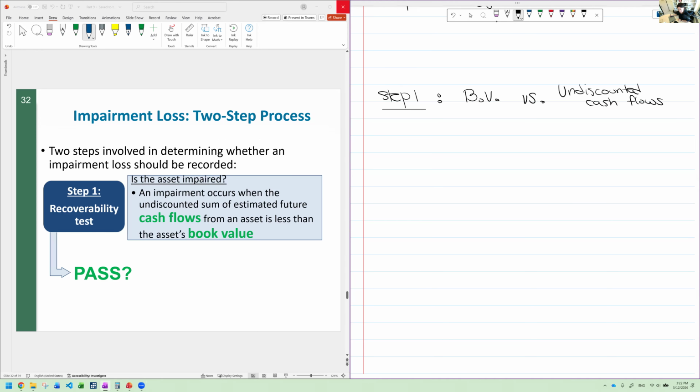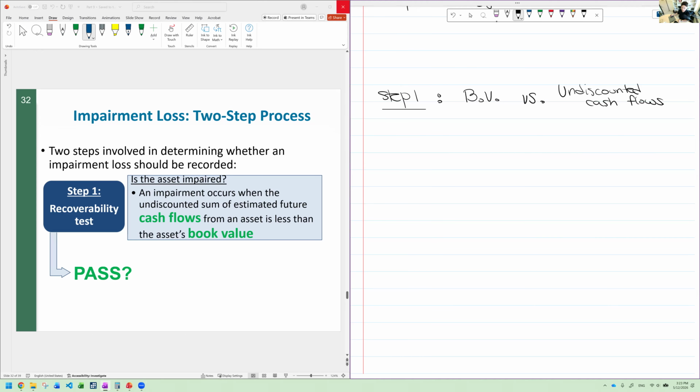Basically, what undiscounted cash flow means is the total amount of cash that the company expects to make or collect from utilizing this particular asset. That value will be given to you for my course purposes. So at the end of the day, you compare the book value against the undiscounted cash flows value.